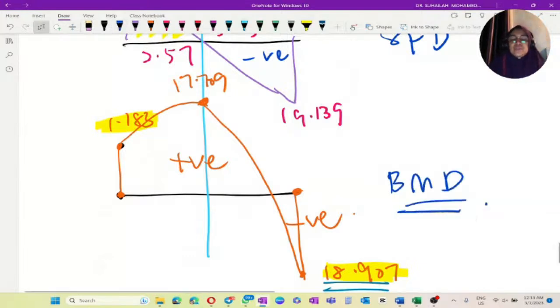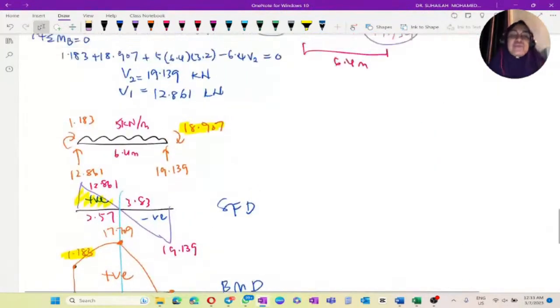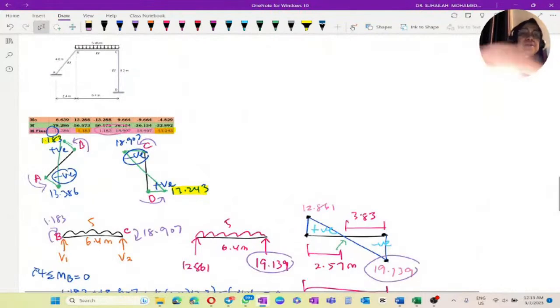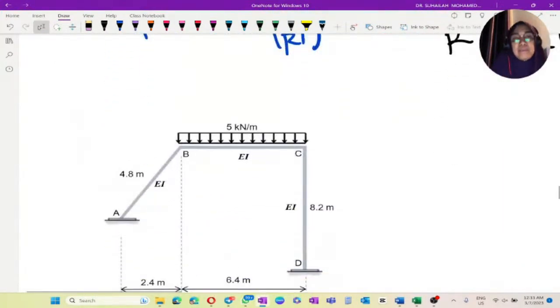Okay. So this is how we actually draw the diagram here for the bending moment diagram. Actually, for this frame, whenever there is no load along member AB and there is no load along member CD, we just draw the BMD directly.